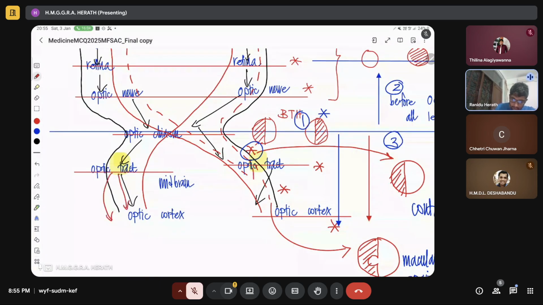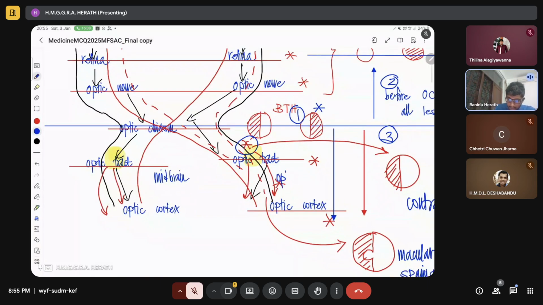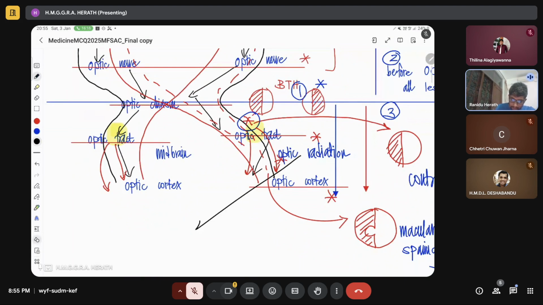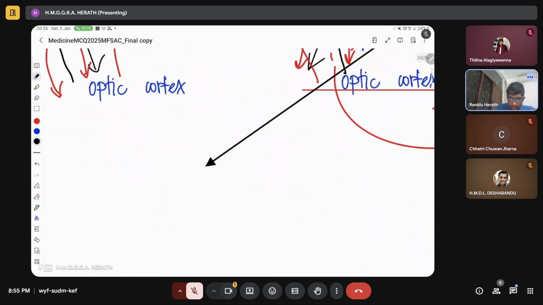This optic radiation is involved not in the frontal lobe. It is involved in which lobes of the brain? The optic radiation is involved in the parietal lobe and the temporal lobe.